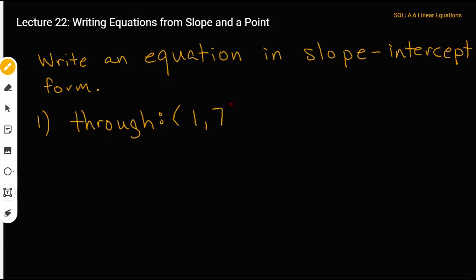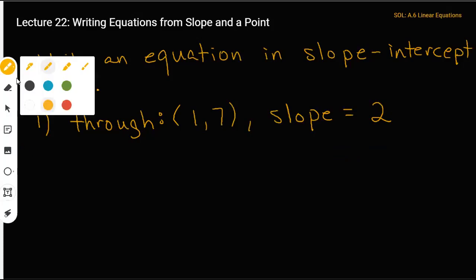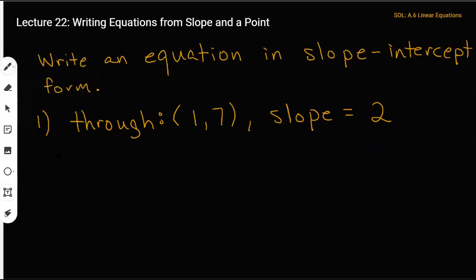This one is going to be 1, 7. And they're also going to give you a slope. The slope for this one is going to be 2. And what I want to do is I want to write out this equation as y equals mx plus b.